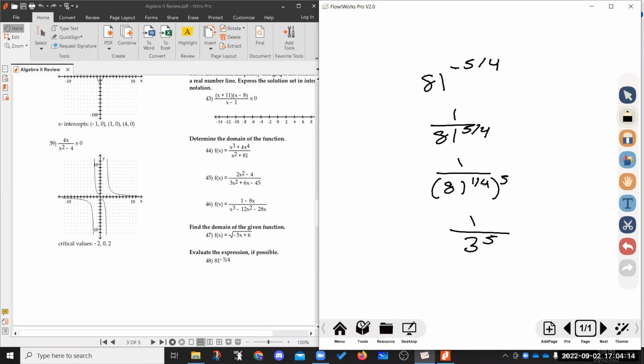The 4th root of 81 is 3. 3 to the 5th is going to be 81 times 3, which is 243, I believe.